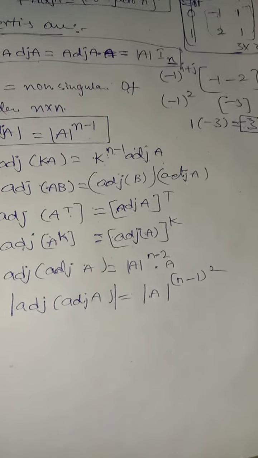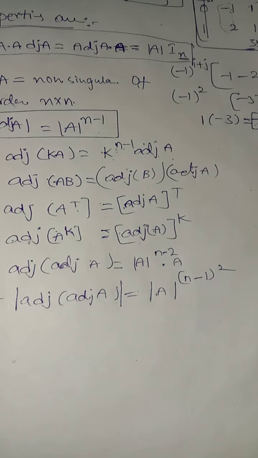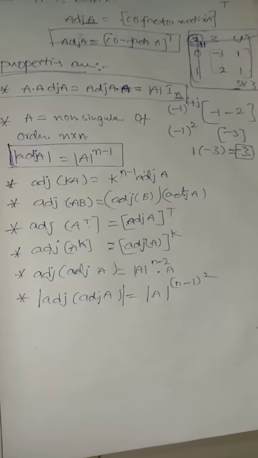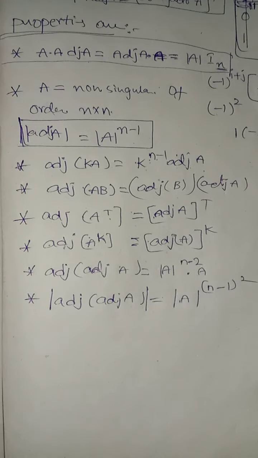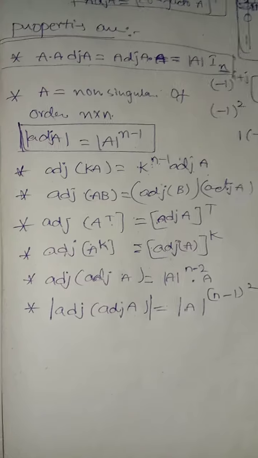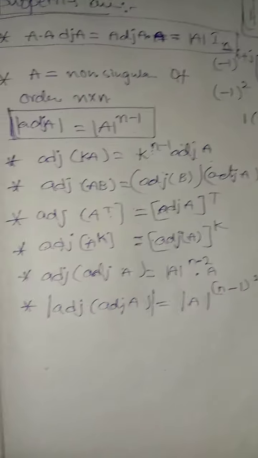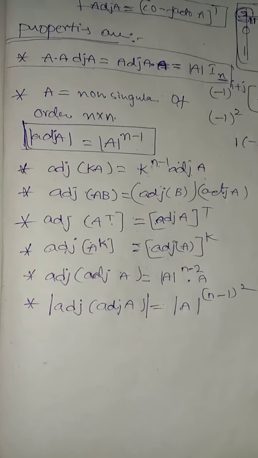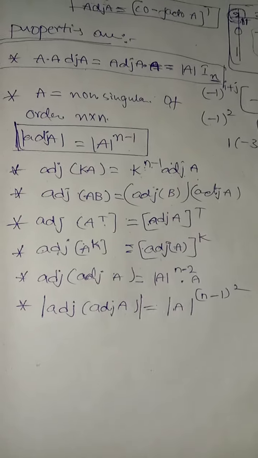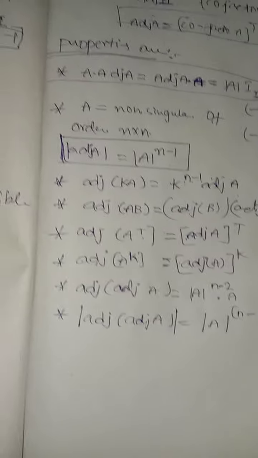These are how many properties? 8 properties, very important. Note down all these properties. Every property is important in adjoint of A. If you note all these properties, then I will go for inverse of matrix, so that today's session will be completed. I think you noted.